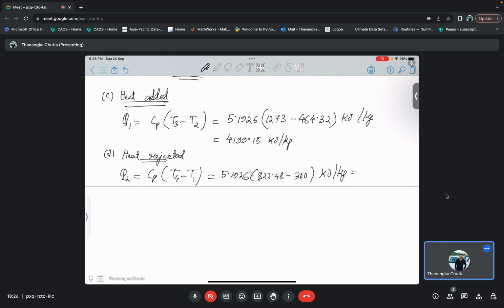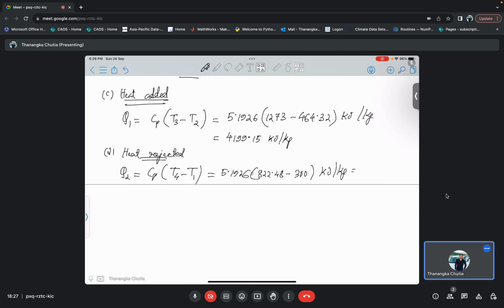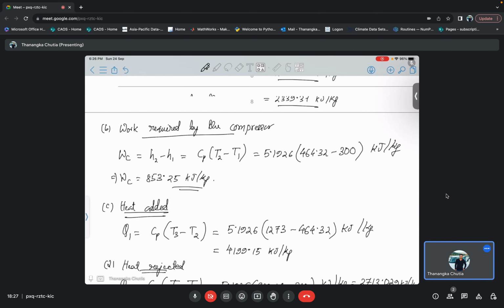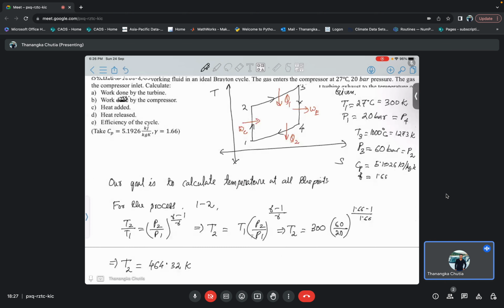Okay, 2713.029 kilojoule per kg. Okay, and next is your efficiency.